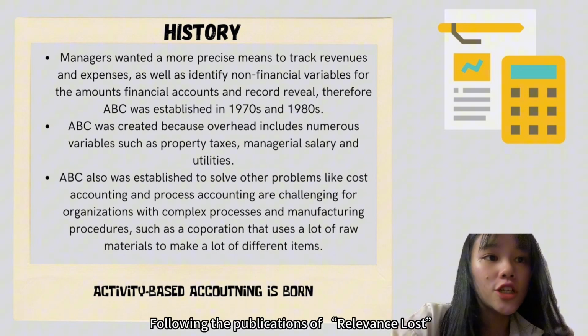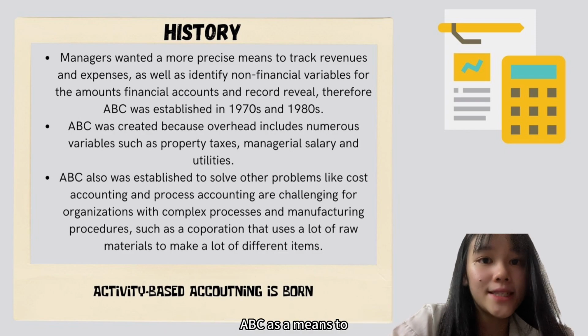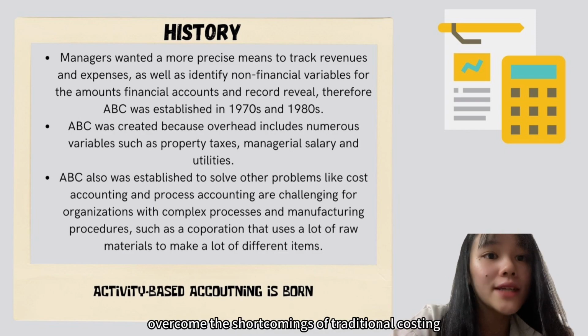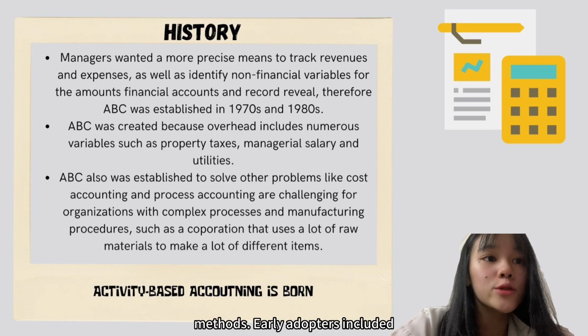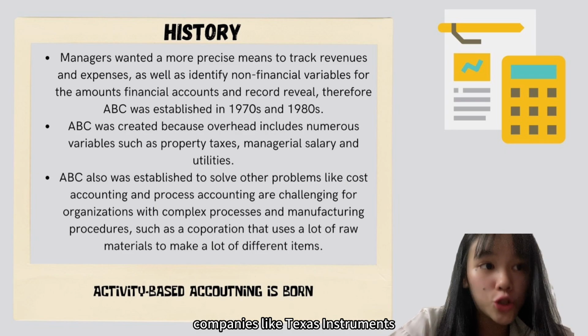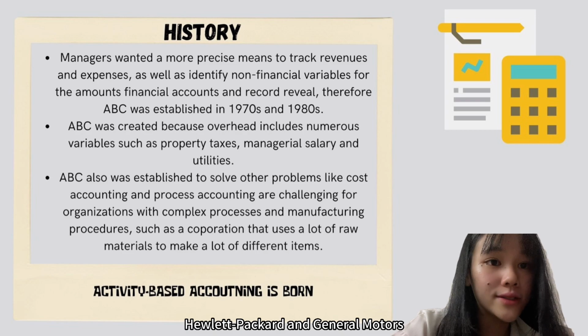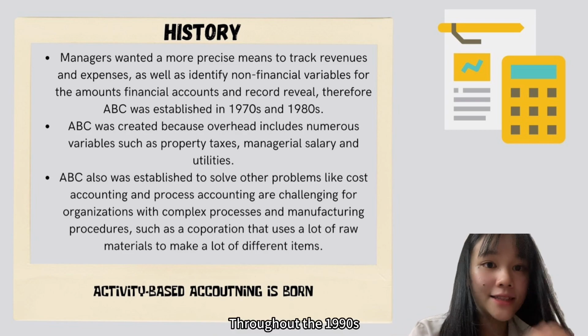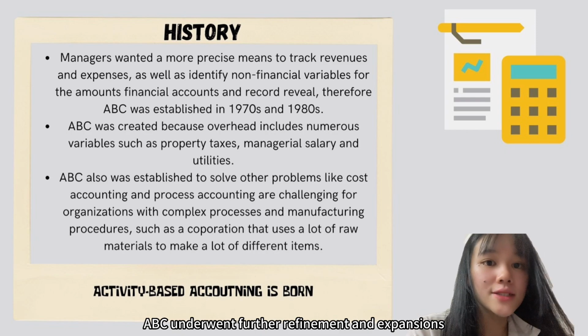Following the publication of Relevance Lost, organizations began adopting ABC as a means to overcome the shortcomings of traditional costing methods. Early adopters included companies like Texas Instruments, Hewlett-Packard, and General Motors. Throughout the 1990s, ABC underwent further refinement and expansion.